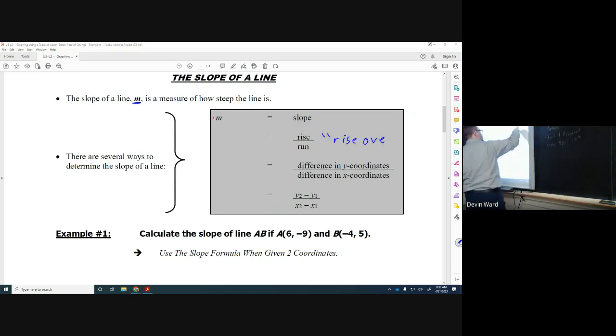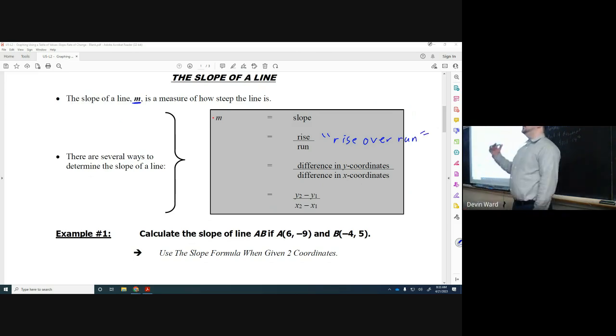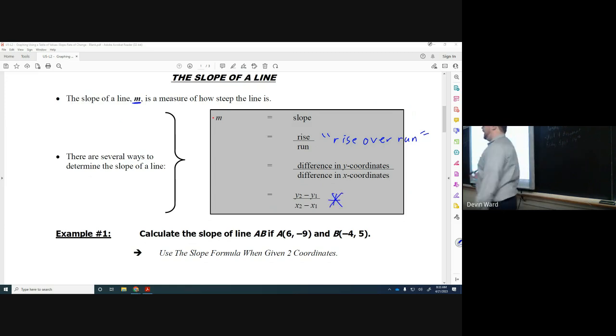It's also the difference in our y-coordinates divided by the difference in our x-coordinates, which is just y2 minus y1, all divided by x2 minus x1. Rise over run is how we start you off with slope, but this is the way slope is actually represented, because it's a change in y over your change in x.